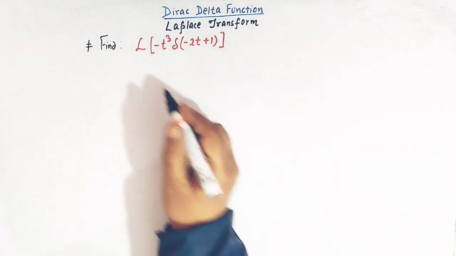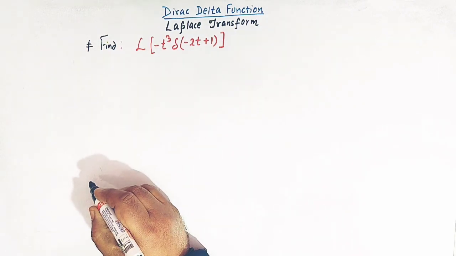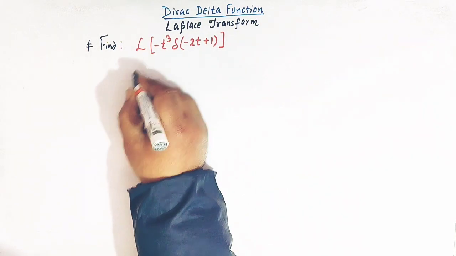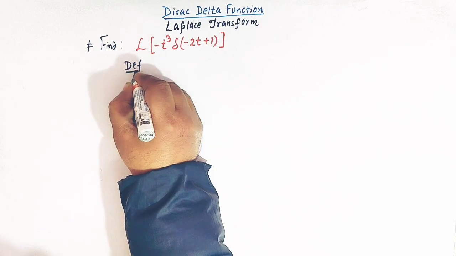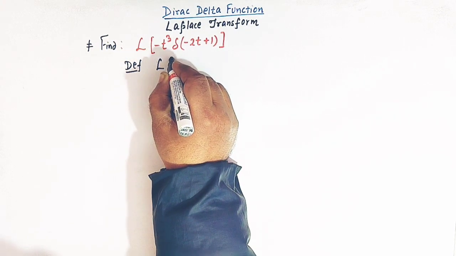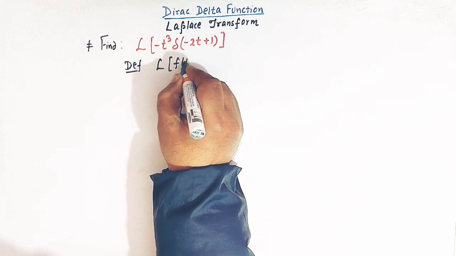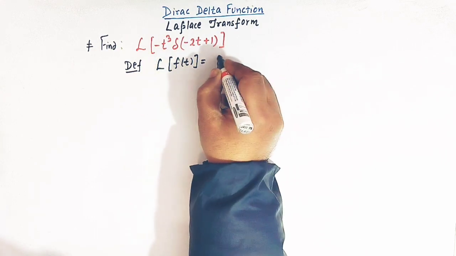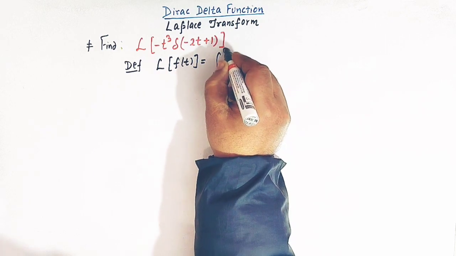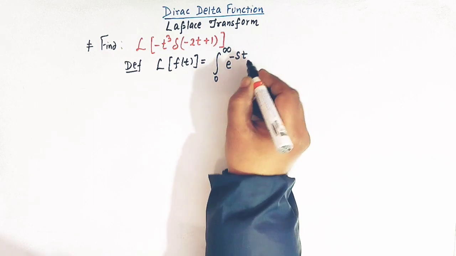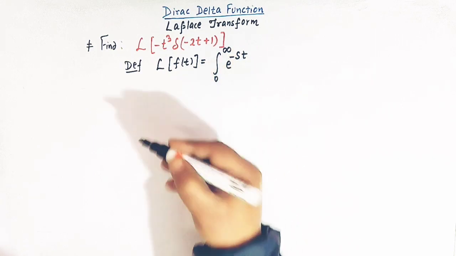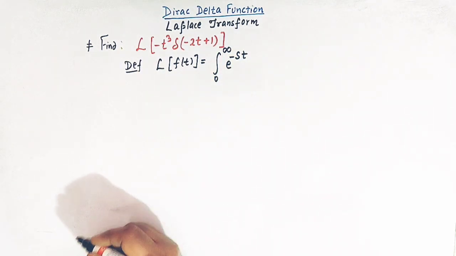Let us first define the Laplace transform of a function f of t. The definition of Laplace transform of a function f of t is given by the integral from 0 to infinity of e raised to minus s t times f of t dt, where s is the parameter which may be real or complex.